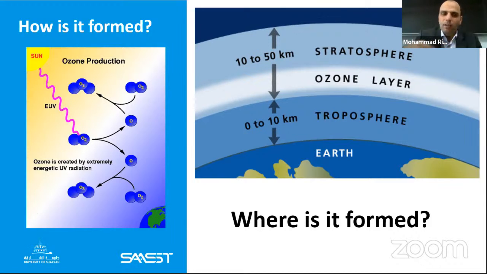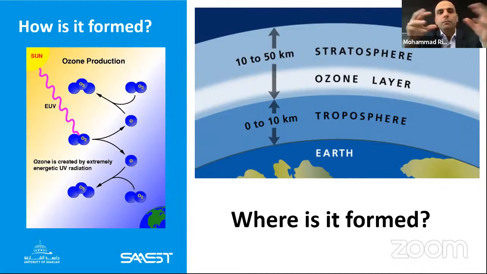It is not stable at normal atmospheric pressure, like at the surface or sea level air pressure. It's called O3.